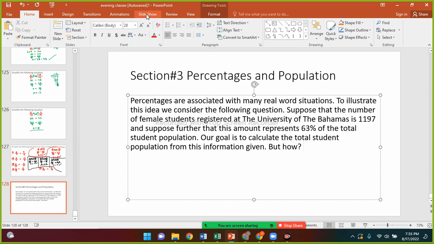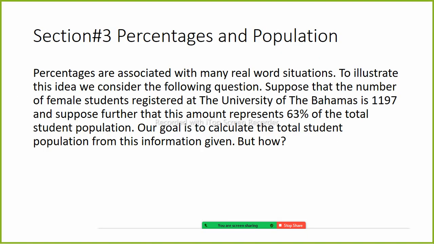Okay, so we have an interesting question before us, right? Sierra, can you read this for me, please? Percentages are associated with many real-world situations. To illustrate this idea, we consider the following question.